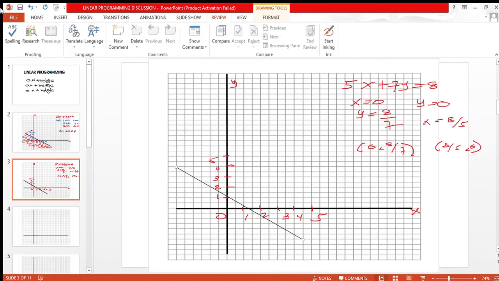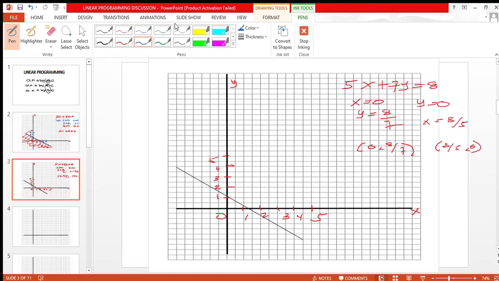Okay, next. What else can we do here? Let's modify now our equation. So let's convert this to an inequality. Let's make this as 5x plus 7y is greater or equal to 8. So if we will now graph this, we want to find the region wherein if we take ordered pairs x and y, it will always be greater or equal to 8.